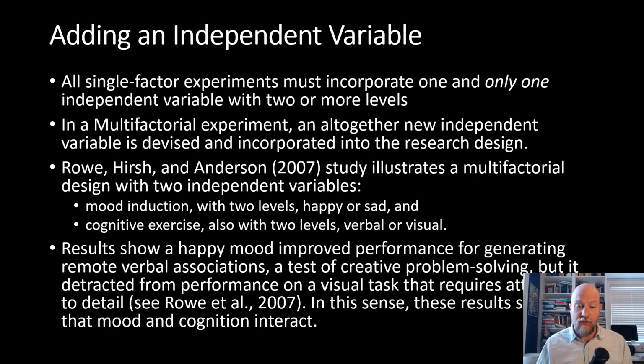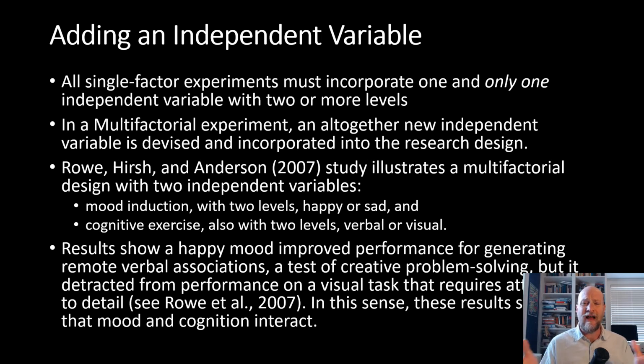As I mentioned earlier, what's really interesting about utilizing multiple factors is not just seeing the potential for a cause and effect relationship between each isolated independent variable and the outcome, because if you think for a moment, you can always just collapse across that second independent variable and just look at whether or not the first one has an effect. You can also do the same thing, collapse across the first one, all the subjects, and just see if the second one has an effect on the dependent variable in both cases, right?